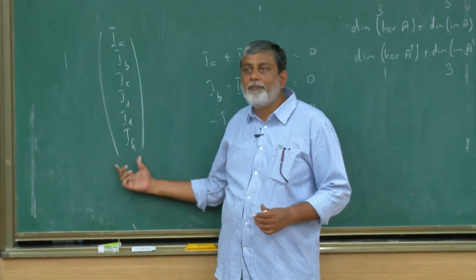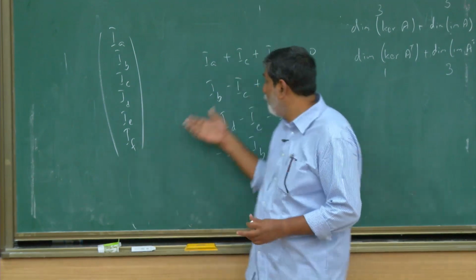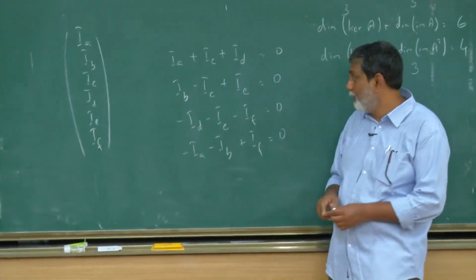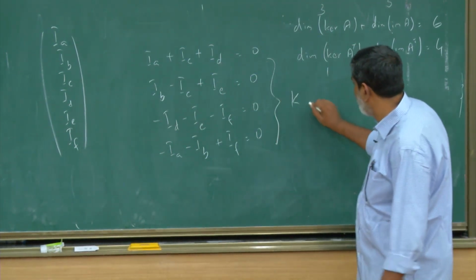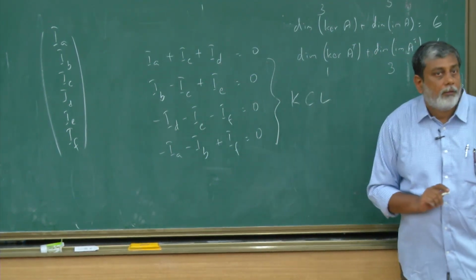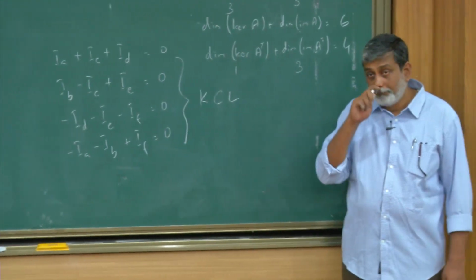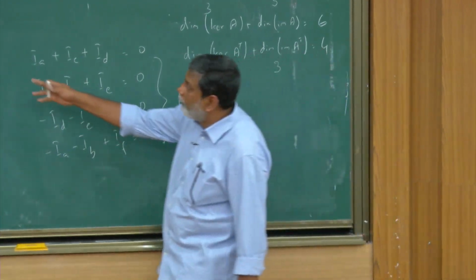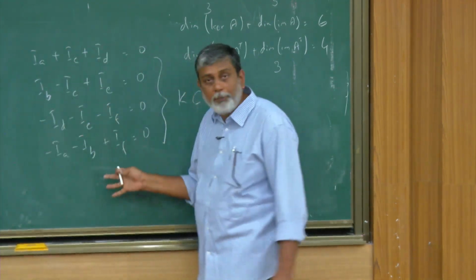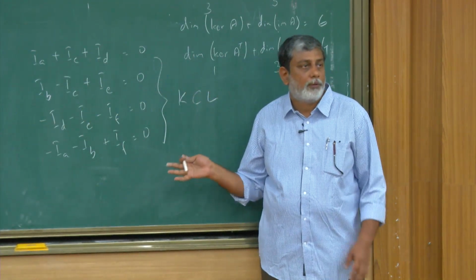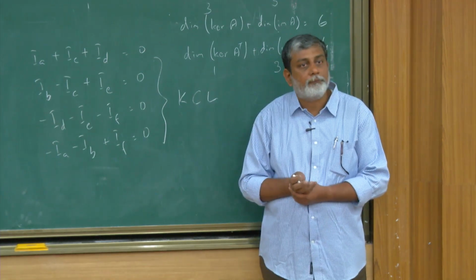So not every vector of size 6 is going to obey Kirchhoff's current laws. So these are Kirchhoff's current laws. Yeah? The only permissible vectors are those that will obey Kirchhoff's current laws. And it's a 3-dimensional thing.